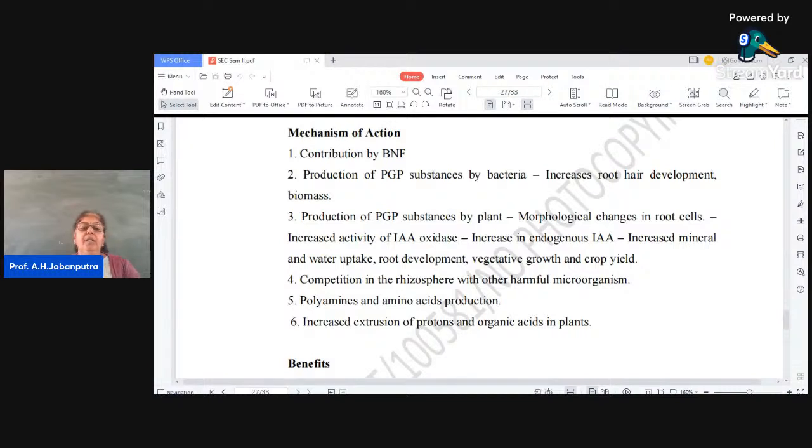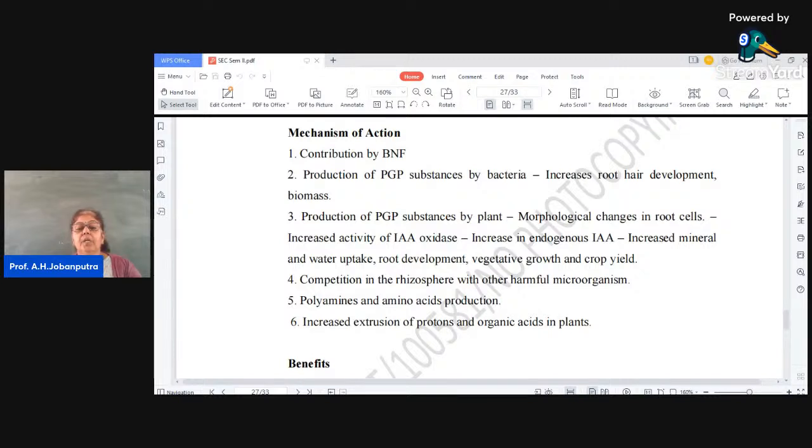So it can produce various plant growth promoting substances, which can help the growth of the plants. It has indole acetic acid oxidase activity.